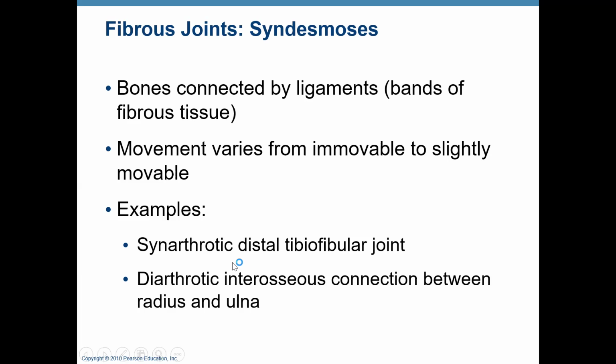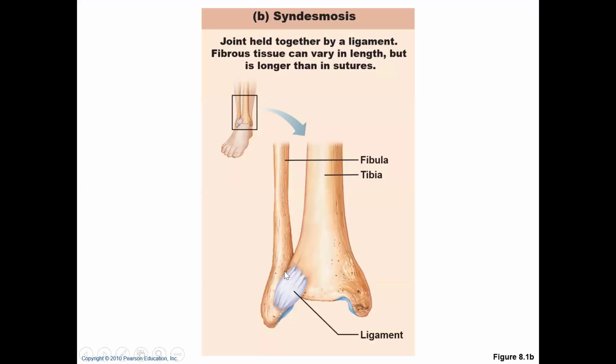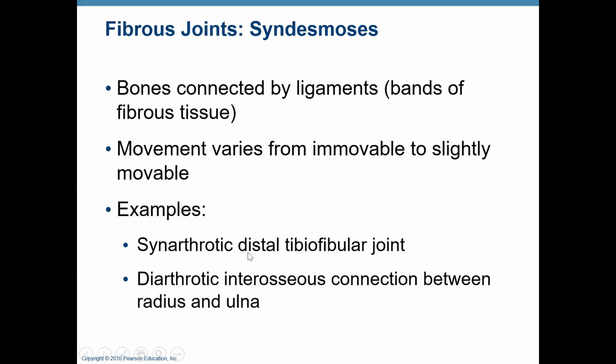That one should be no movement, so it's a synarthrosis joint. But then another example is the ones in your forearm, where you have the radius and ulna. There's a joint there, but it's diarthrotic, which means it allows for free movement. So most often, fibrous joints shouldn't allow for any movement, yet there are some exceptions.